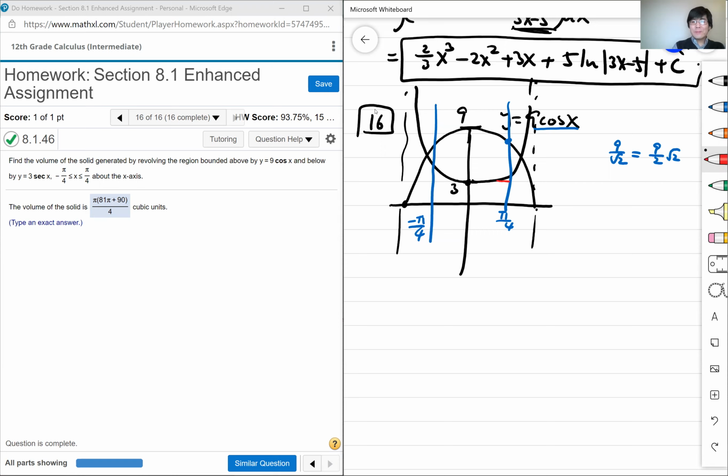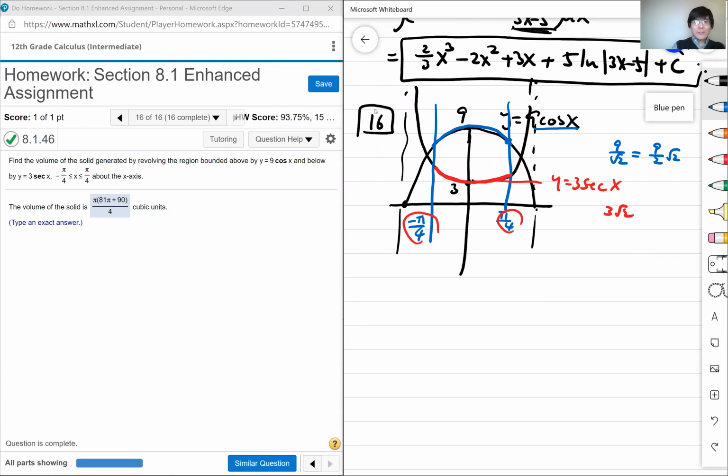For the second one, y is equal to 3 secant x. At 45 degrees, it's going to be 3 times square root of 2. So at this point, the secant graph is still below the cosine graph. So at the problem state, the cosine is always above and the secant is always below in this interval.